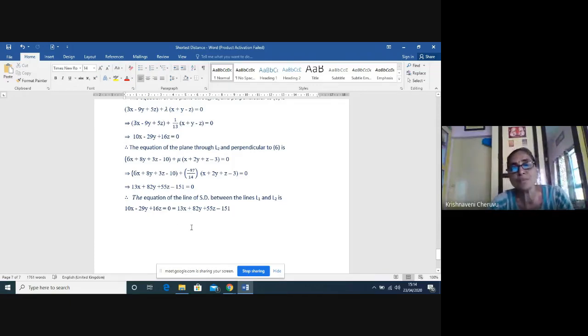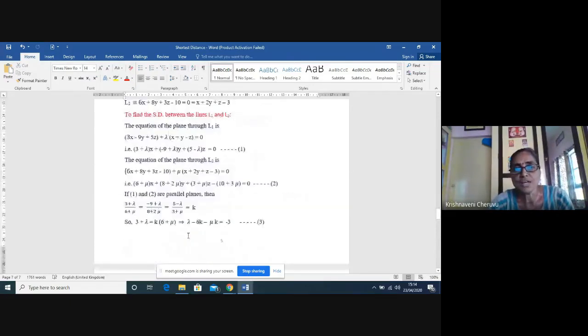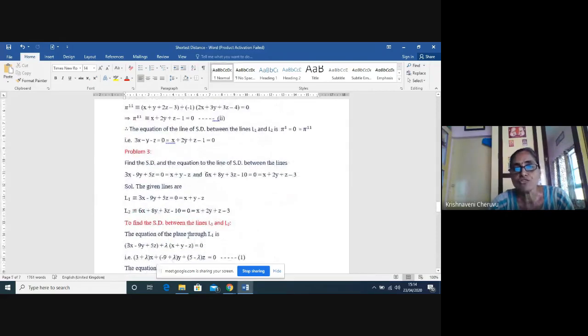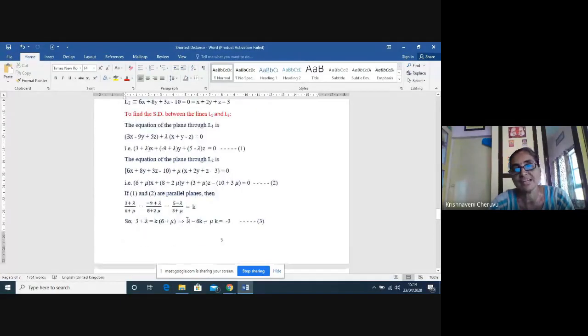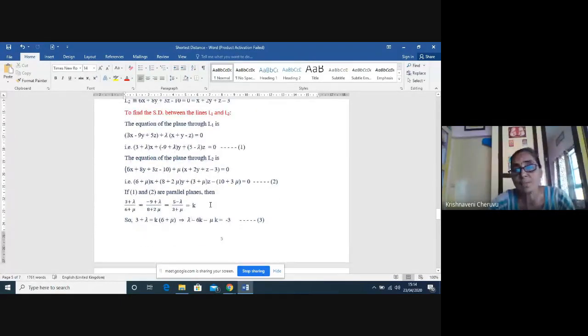Okay, very simple, girls. This problem is very simple to follow. First you find out the equation of the plane containing L1 and the equation of the plane containing L2, and you see that they are parallel.